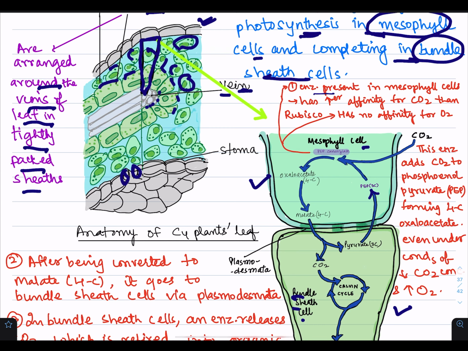The enzyme present in mesophyll cells has higher affinity for carbon dioxide than Rubisco, and it has no affinity for oxygen.